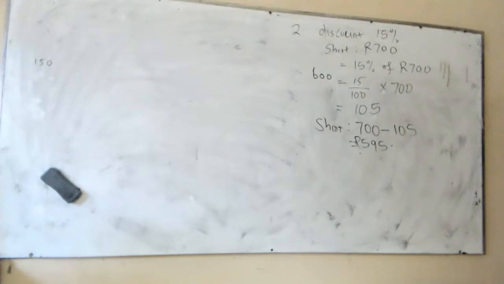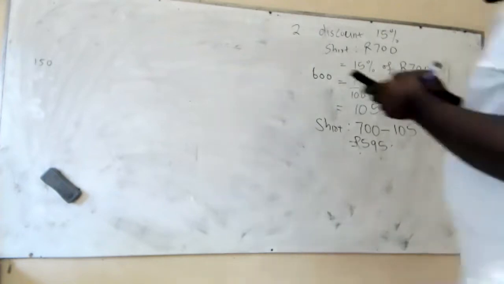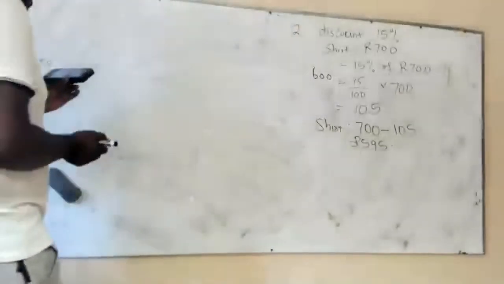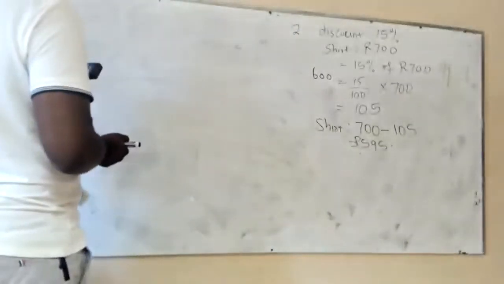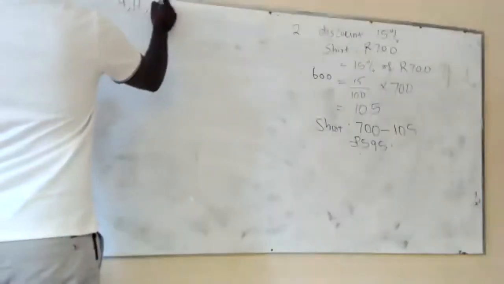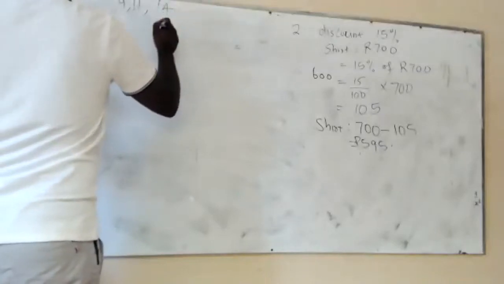Let me go to the question quickly. Okay, these are the questions. I believe you have the questions with you there. It's question number 9, right? 9, 11, and 14. Let me write them here.